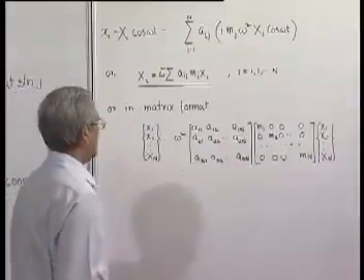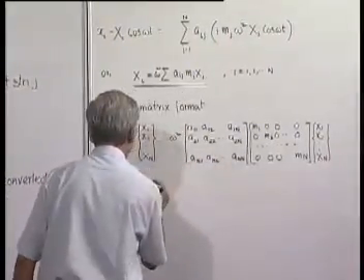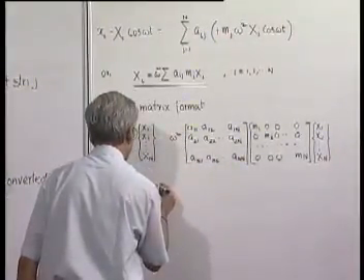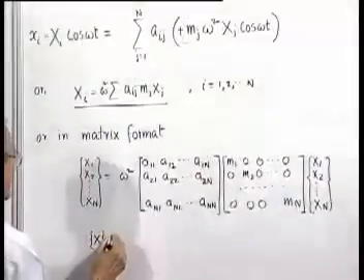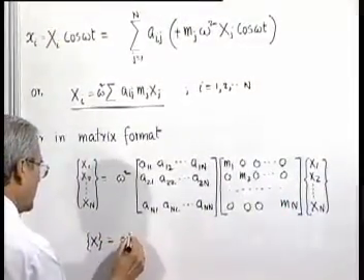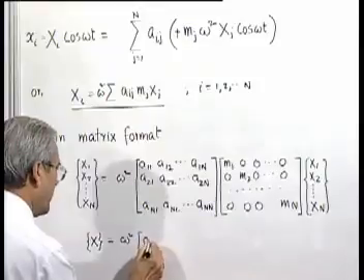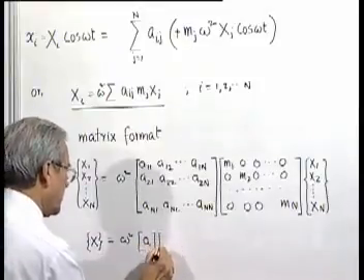This is the expanded form. In short form, we can write this as X equal to omega square, this is the A matrix, this is the M matrix.